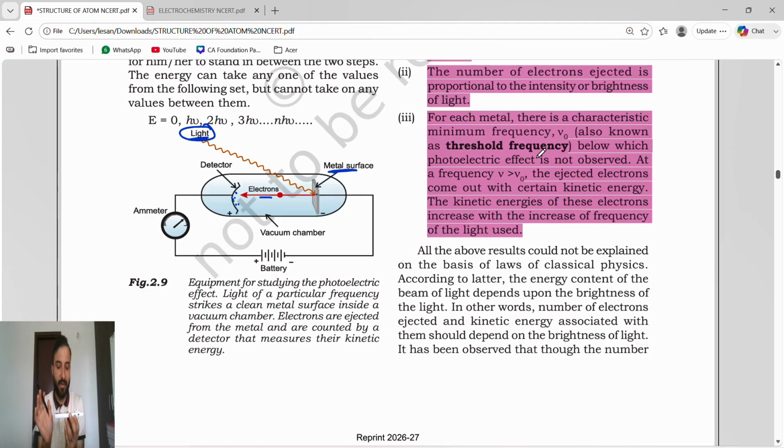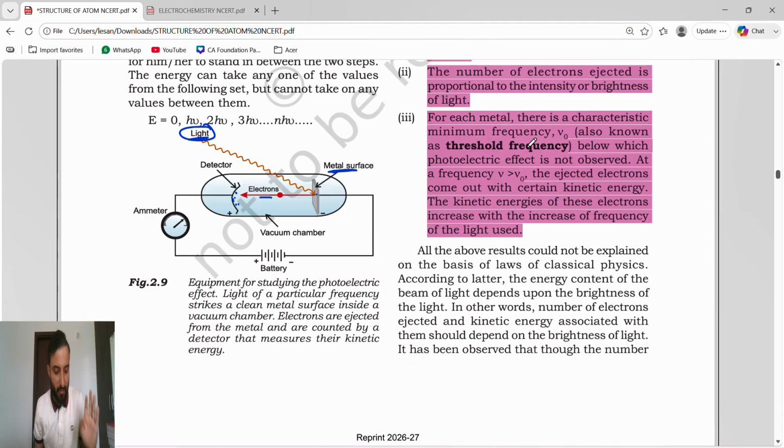So we should not hit with just a normal frequency; we have to hit with the threshold frequency, the minimum frequency, so that the electron will eject from the metal surface.